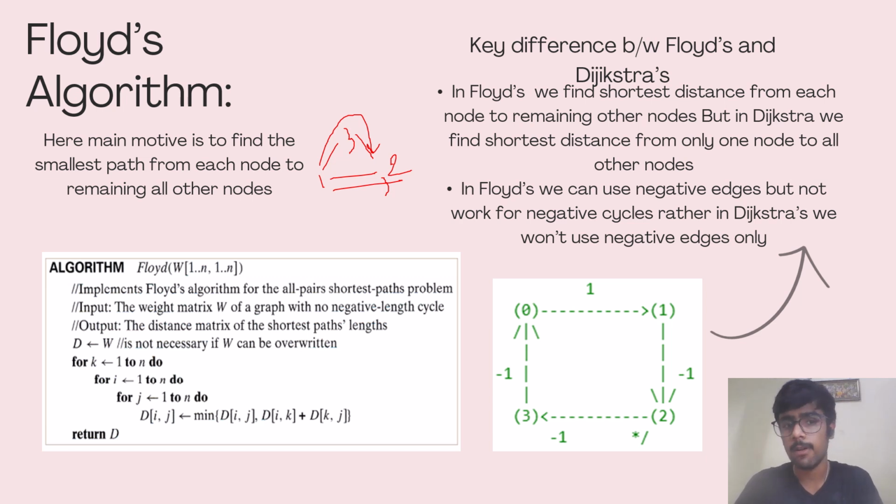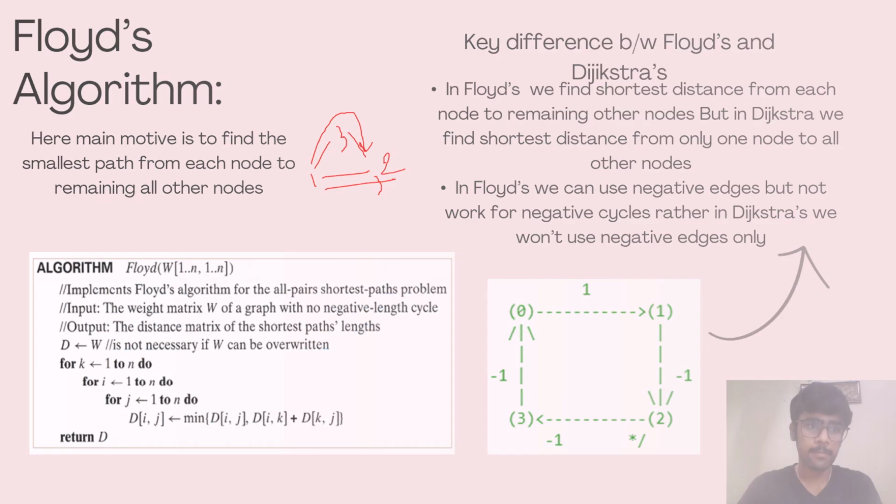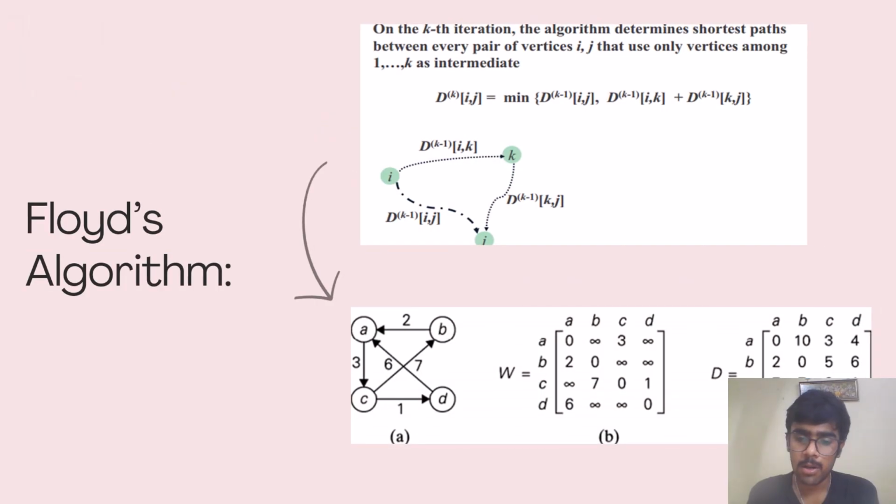In the next slide we will learn how to write the weight matrix for a given graph. First, let's learn how to write the weighted matrix. It is similar to an adjacency matrix, but instead of writing ones and zeros, here we will write the weights of each edge. Suppose if I take b comma a, the weight of the edge is 2, so I write b comma a as 2 in the weight matrix.